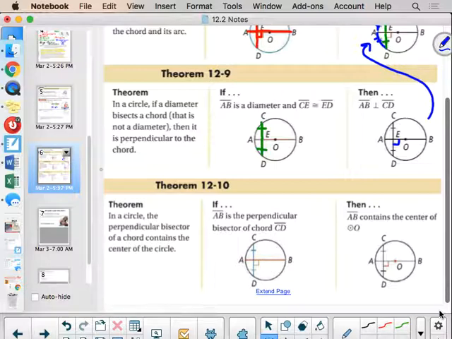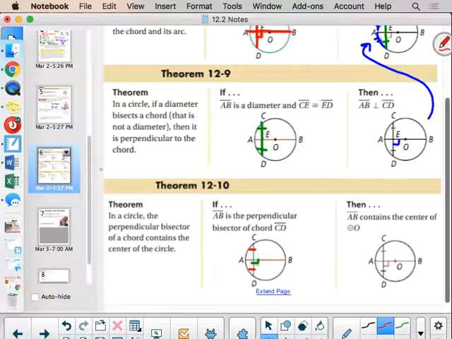So if this random segment here is perpendicular to a chord. I have this random segment AB. I don't know who AB is, but I do know it's perpendicular to this chord, and it cut the chord into 2 congruent parts. Then that random segment isn't so random anymore.